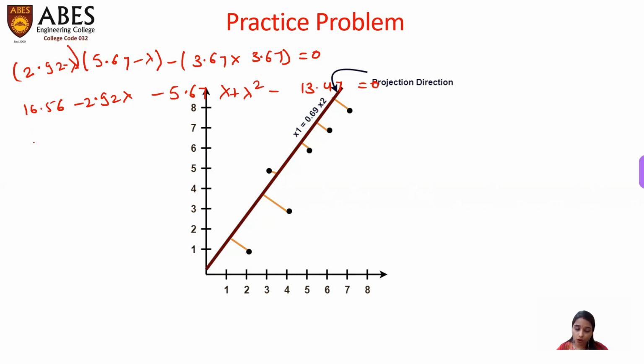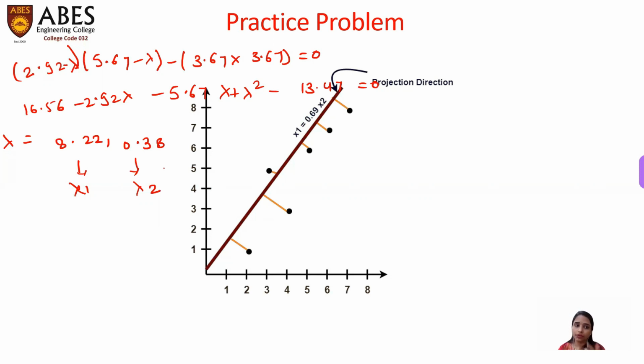So from this quadratic equation, after solving, we have the values of lambda equal to 8.22 and 0.38. So this is lambda 1 and this is lambda 2. As compared to lambda 1, the value of lambda 2 is very much lesser, so we can leave it out.